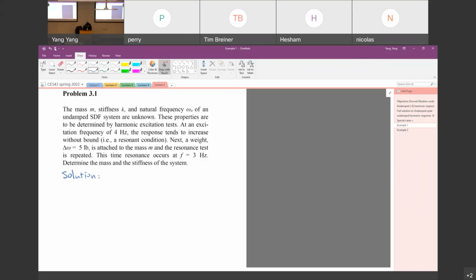So when omega bar is equal to 2 pi times f bar, and omega n. Right?